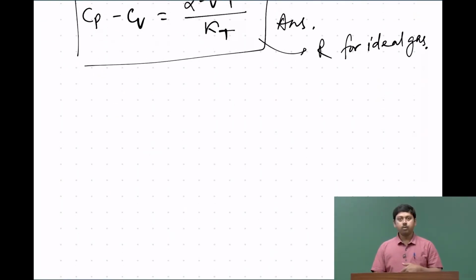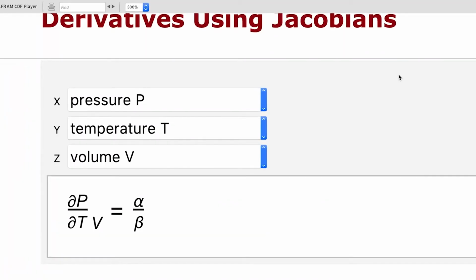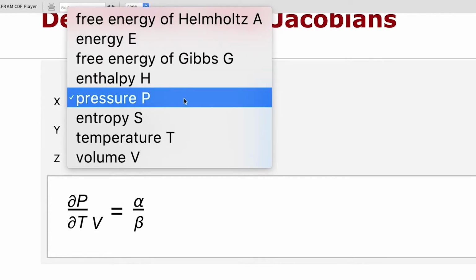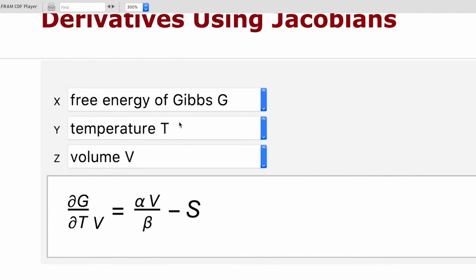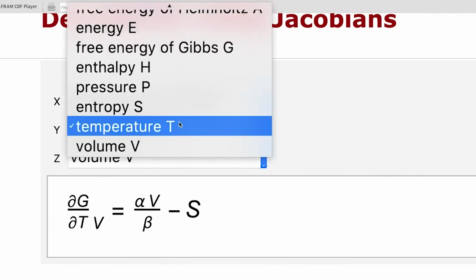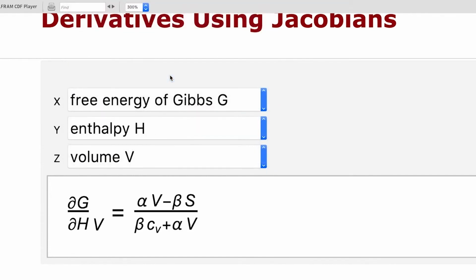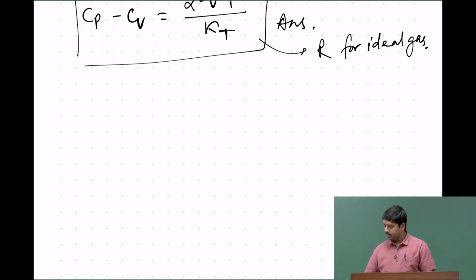Now, we can do one more, which is shown in the Mathematica. Well, let us go back. So, let us do this one. Let us do delta G by delta H at a constant V. Let us see this one. So, shall we get that particular answer or not? Let us try.